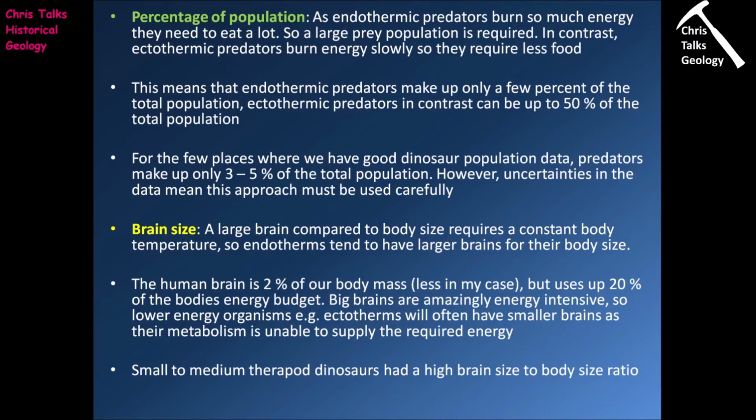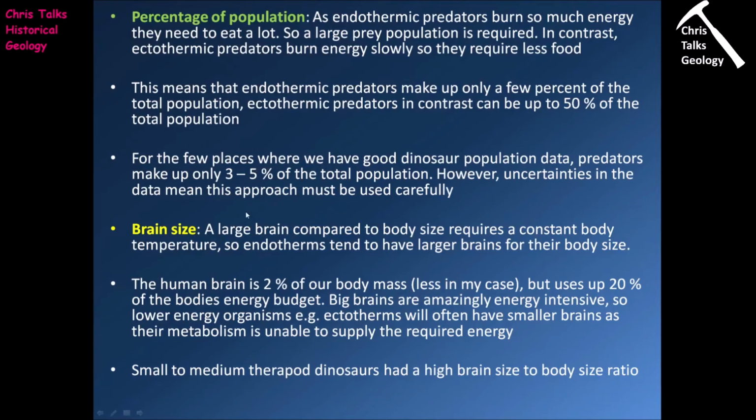It could be, for instance, that the sample we're looking at just happens to have formed when there was a flash flood, and that flash flood happens to have washed away a load of herbivores. However, at the same time, it only washed away a very small number of carnivores. And so it makes it look like the carnivores were a low percentage, when in reality, it's just a sampling bias. So we need to be careful.